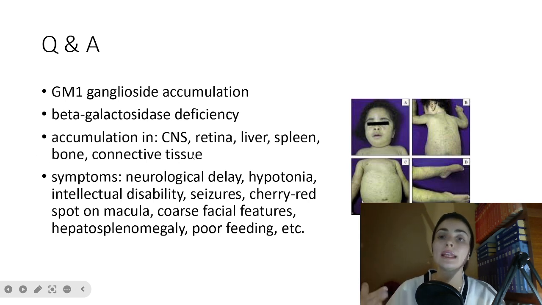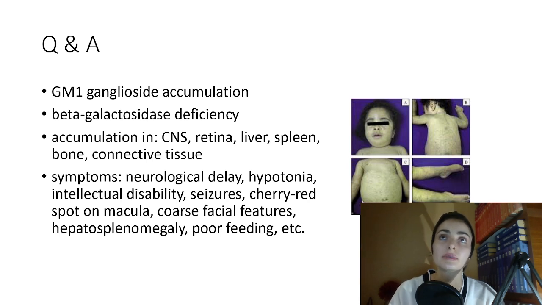So the patient will experience the respective symptoms. Patient will experience neurological delay, hypotonia, decreased muscle tone, intellectual disability, seizures, meaning abnormal overactivation of neurons, cherry red spot on macula, which we already saw, coarse facial features.